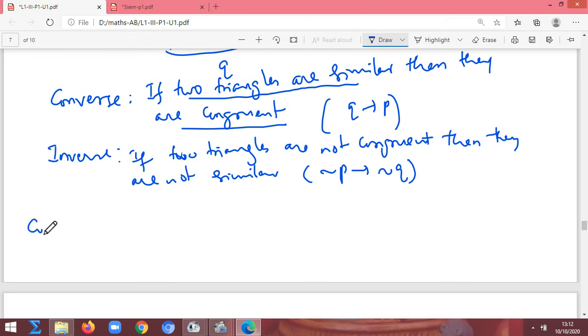So, now what is contrapositive? Contrapositive, negation of Q implies negation of P. Okay.